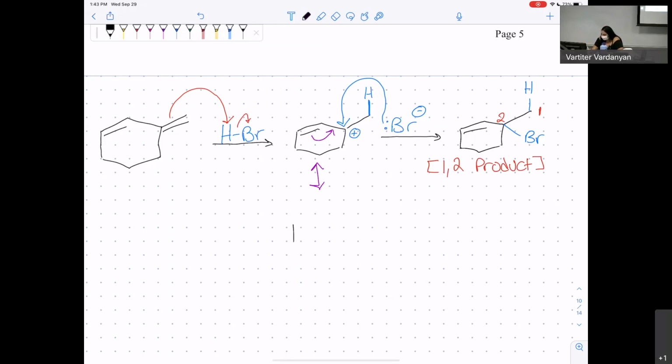And that would have made our intermediate look big. So we still have the hydrogen added here. And now our plus charge is all the way over here.